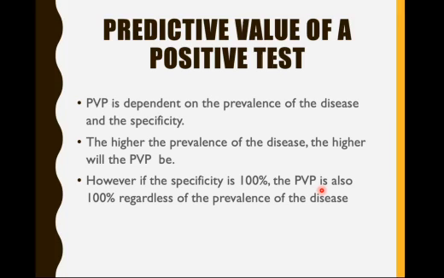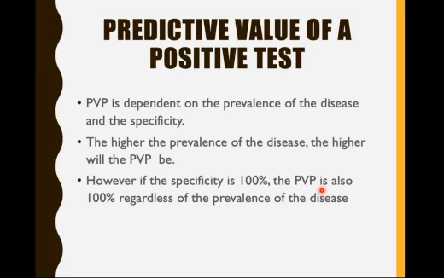Why? You know why? Because what, again, did I tell you is the complementary of the specificity? The complementary of the specificity is false positive rate. So if the specificity is 100%, the false positive rate is equal to 0, meaning there is no false positive rate.